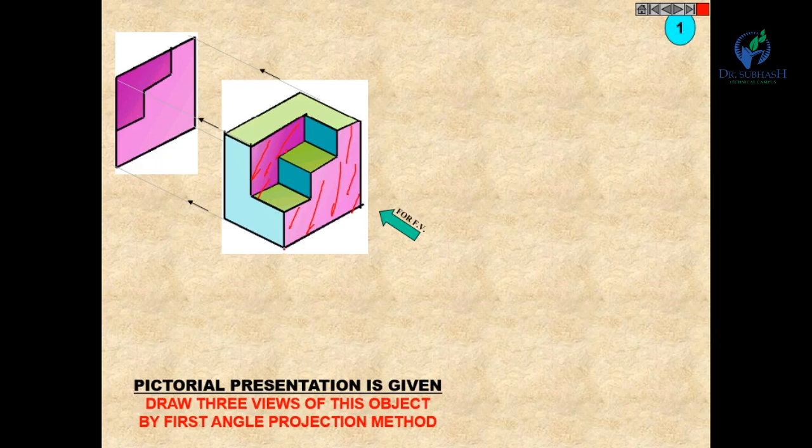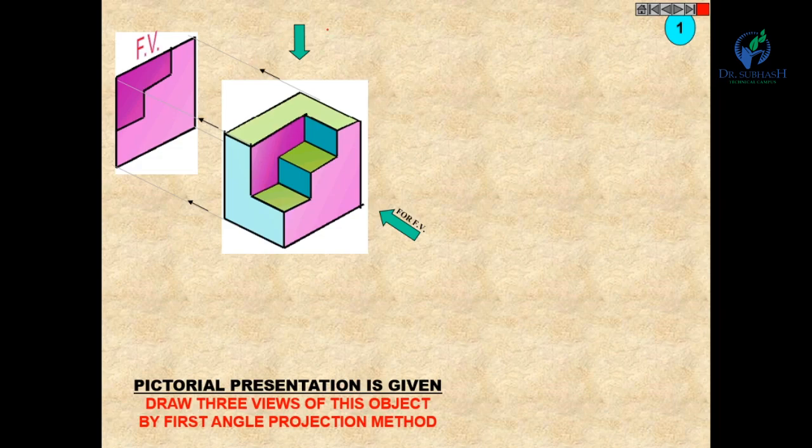The front view shows the total length of the object and the height of the object. From the front view, you will get the length and height of the object. So it's our front view.